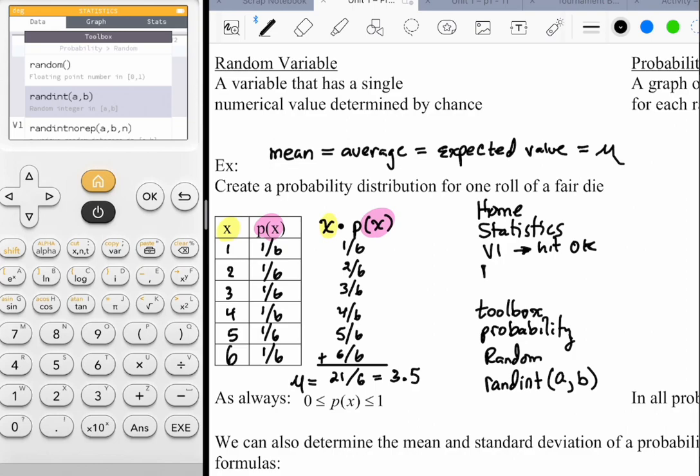All right, fill with a formula, then select the rand or random, that option, because it's already kind of pre-built for you, k less than or equal to 10. Then we go into the toolbox. Then we select probability, random, randint.